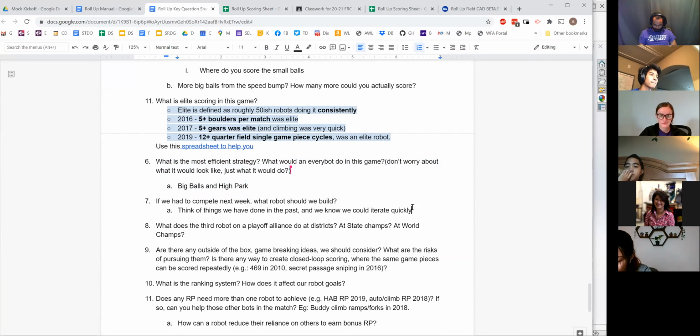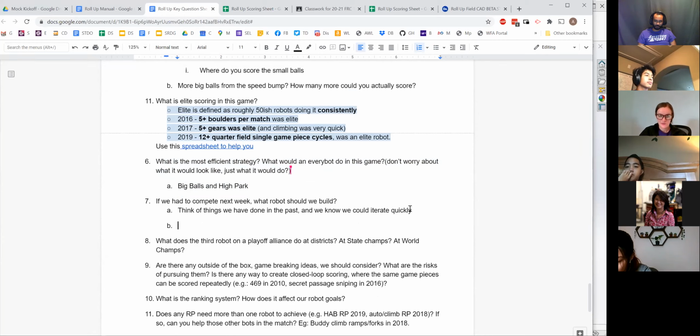This question is somewhat similar, but a little different, because instead of the Everybot, where everybody has to build this robot, we are assuming we're going to build a robot. So we have all of our resources and all of our experience, and we're basically saying, if we had to compete next Saturday, assume we didn't have school, say it was over spring break, and we had not planned anything, but we have to compete in a week.